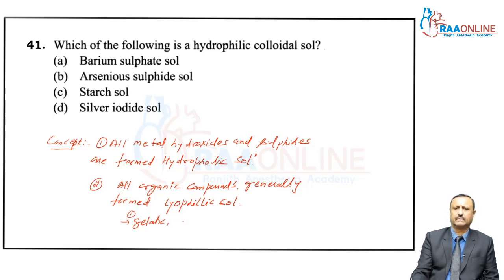Number 1, gelatin. Number 2, my dear students, starch. Number 3, gum. These are organic compounds and form lyophilic sols. Here you can see question number 41. He asked about hydrophilic; another name of lyophilic is hydrophilic sol. So, you can see all organic compounds generally form lyophilic sols or hydrophilic sols.